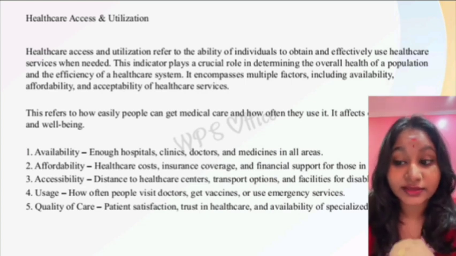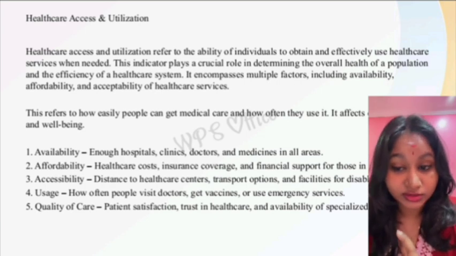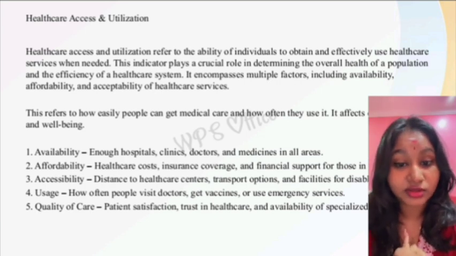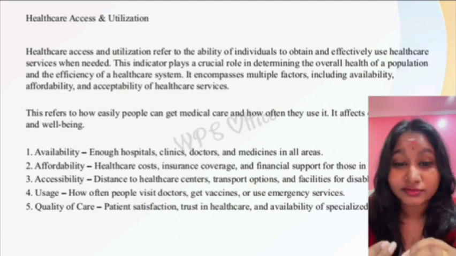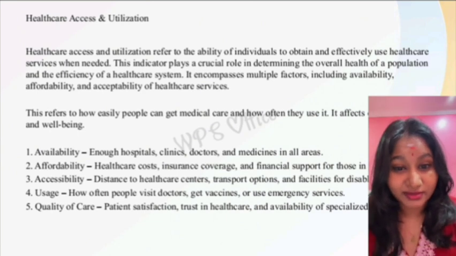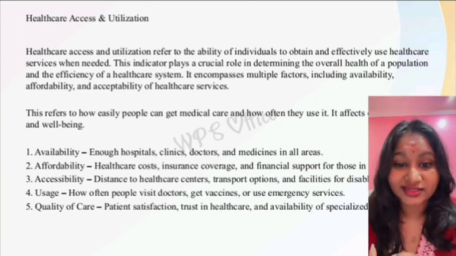Basically, it's availability: enough hospitals, clinics, doctors, and medicines in all areas. For example, in one area we have many pharmacies, so we can get the medicines easily, and there are so many clinics now. We can also check out the clinics if we have any emergency.